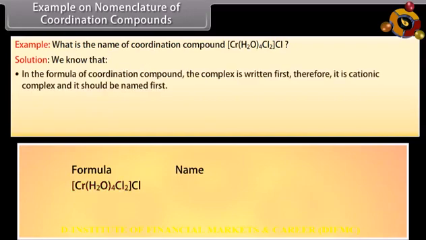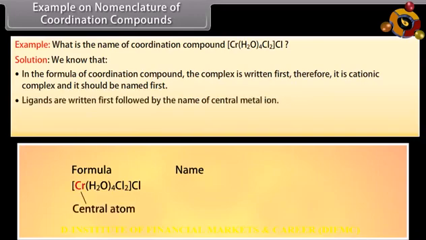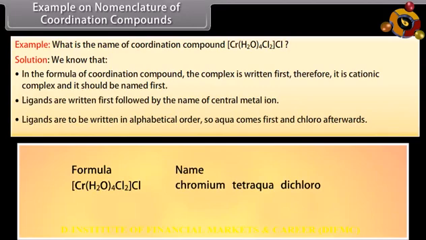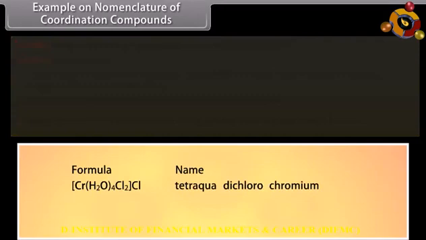In the formula of coordination compound, the complex is written first, therefore it is a cationic complex and it should be named first. As per rules, while naming the complex, ligands are written first followed by the name of central metal ion. Ligands are to be written in alphabetical order, so aqua comes first and chloro afterwards.